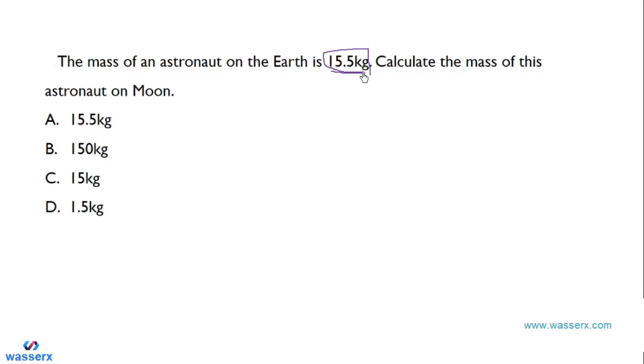If you don't understand the concept of mass, this question can trick you. You have to know that mass is constant everywhere. Therefore, if the mass of an astronaut is 15.5 kg on Earth, then on the Moon it is still 15.5 kg.